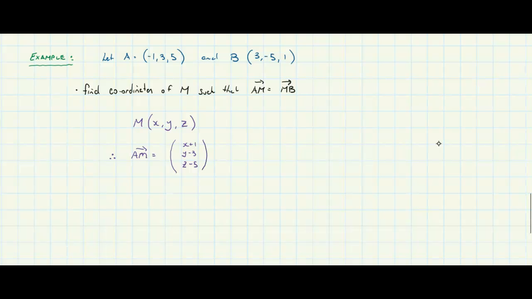Right, that's AM. And MB, so we're starting with B and we're saying 3 minus X, negative 5 minus Y, and 1 minus Z.